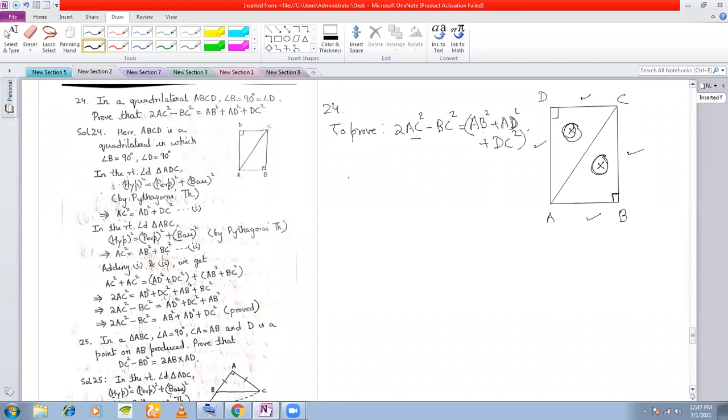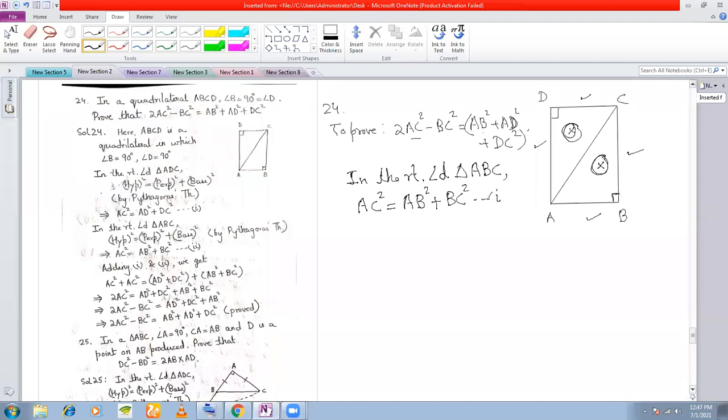So what you do here is in the right angle triangle ABC, which one is your hypotenuse? AC. So AC square is equal to AB square plus BC square.